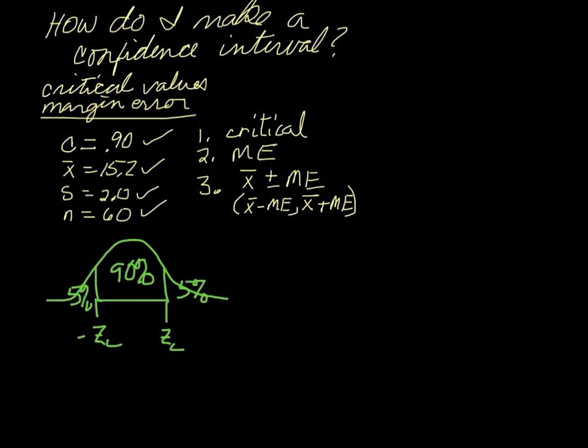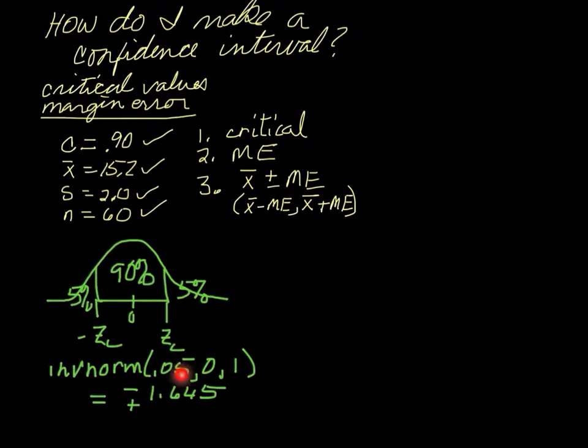And if I do inverse normal of 0.05, since this is on the standard normal curve, then that will give me negative 1.645, and I'll get positive 1.645 if I change this percentage to 0.95, which would be the percentage right there. Okay? In either case, those are my critical values.